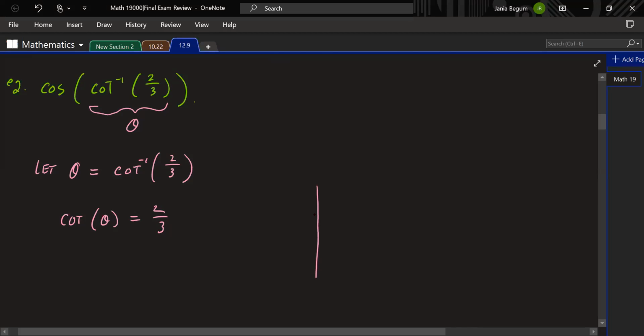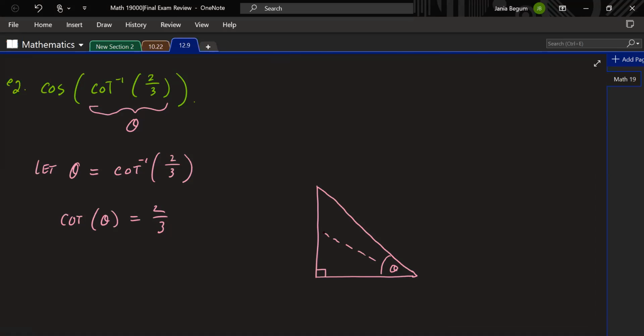So here's our right triangle. Again, you can place theta either on the upper corner or the bottom corner. I'm going to keep it on the bottom. No reason, it's just nice to keep theta on the bottom. What's the definition of cotangent? It's the reciprocal of tangent.